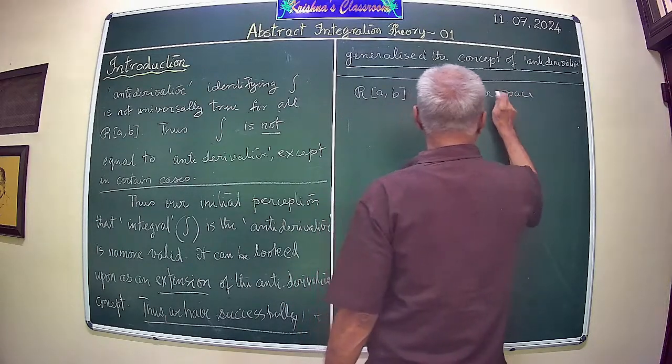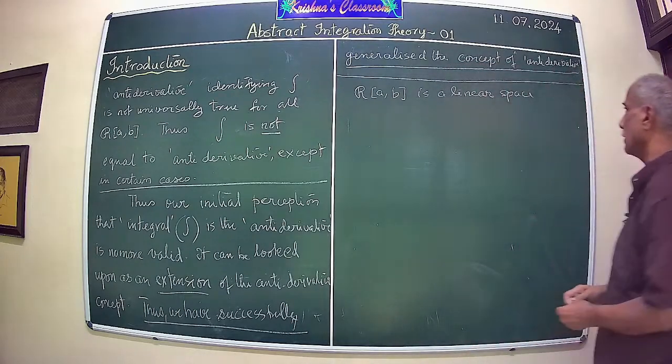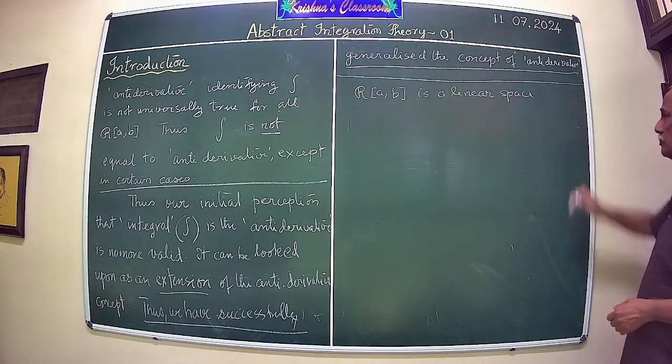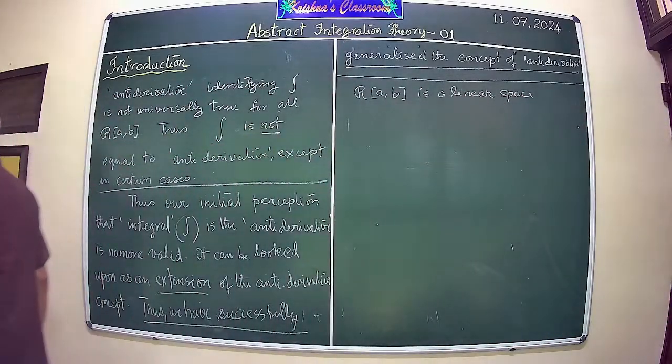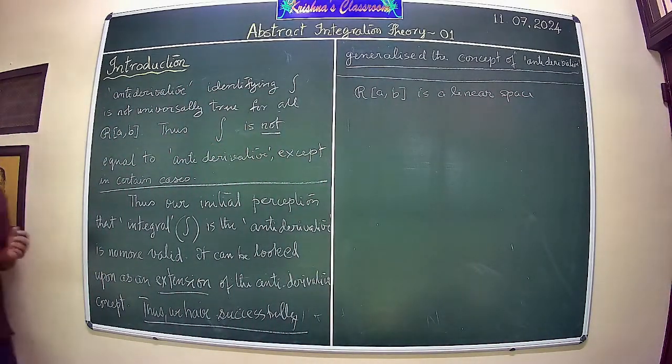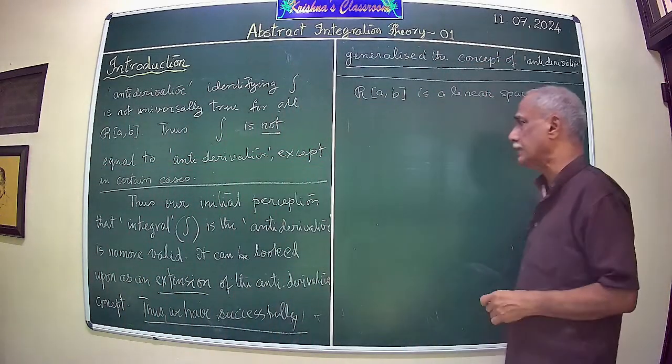Now, this was an additional structure on the space. Okay. Now, being a vector space, one could also think of defining what is called the length.